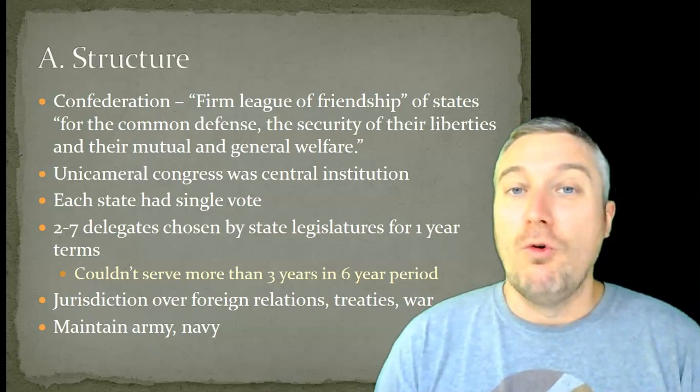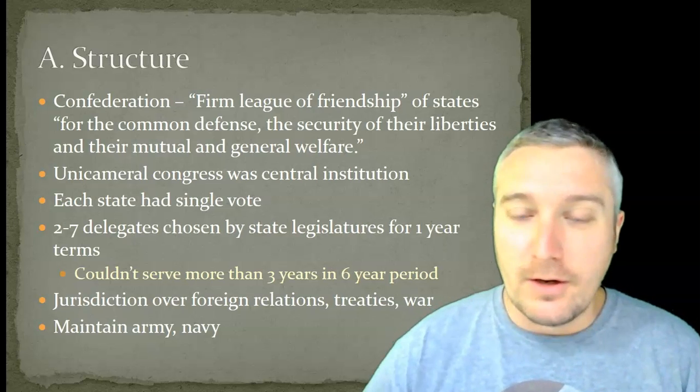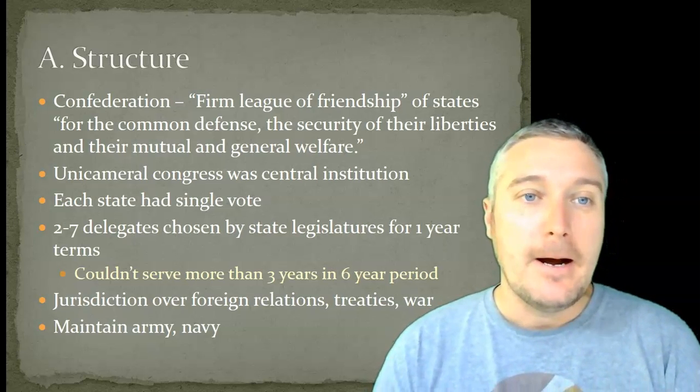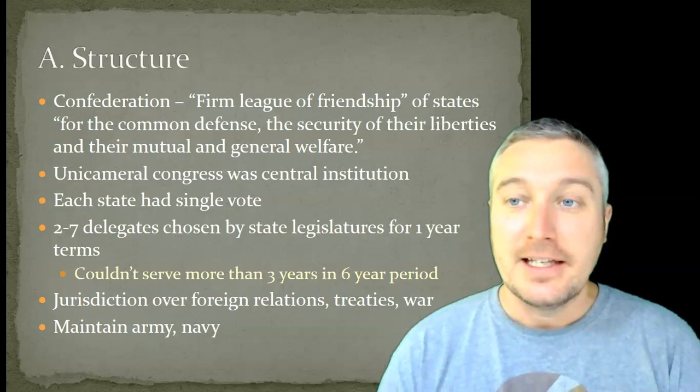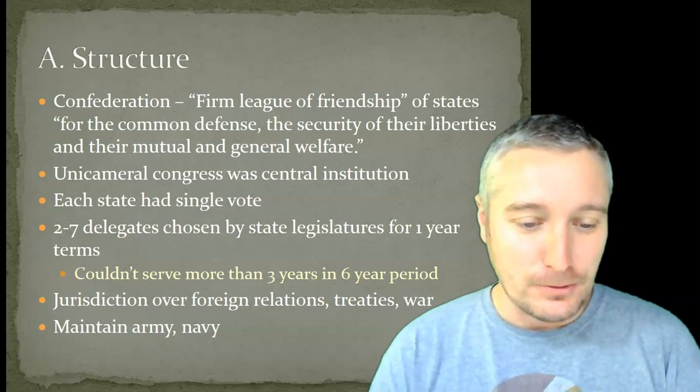And probably the only thing worse than not getting a lot of laws passed, like we often get frustrated with our Congress today, probably the only thing that's worse than that is getting a lot of laws passed. And we'll see the effects of that here soon.